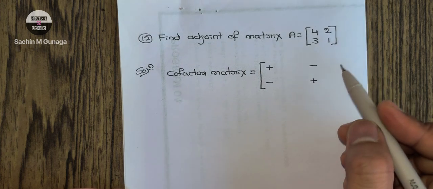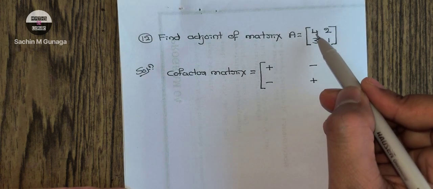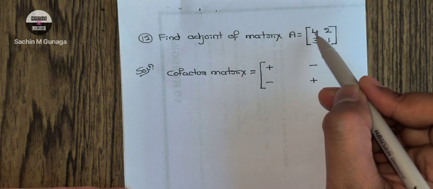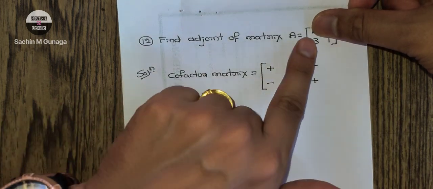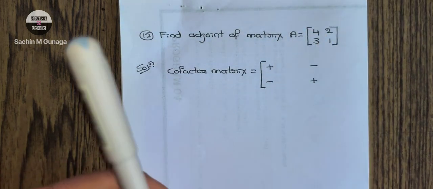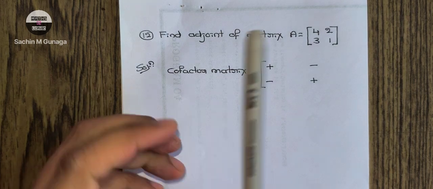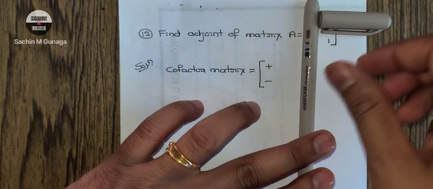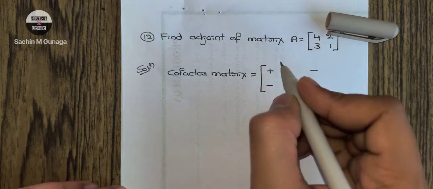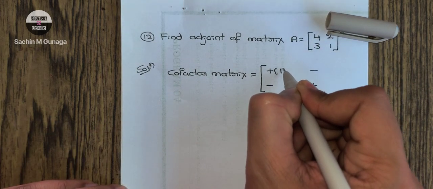After that, first element 4 is there. Whenever we are taking the first element, we need to delete that column and that row. If I delete these two, what is the remaining number here? 1. So here we need to write 1.